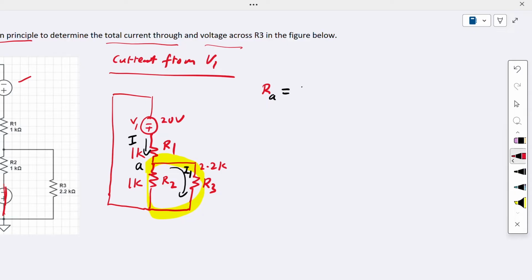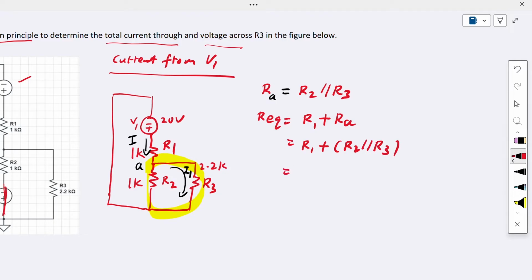So R2 is in parallel with R3, right? So the R_EQ for this is equal to R1 plus R_A, that means R1 plus R2 parallel with R3.